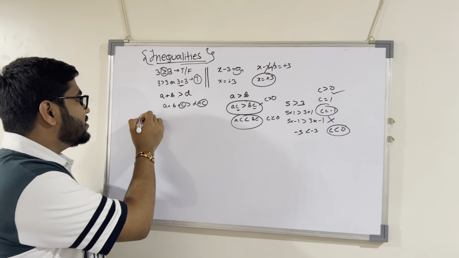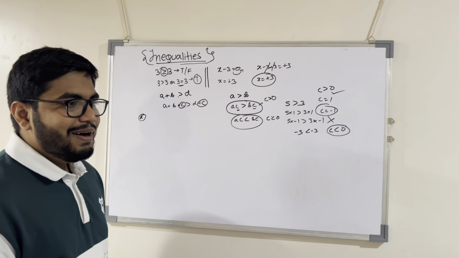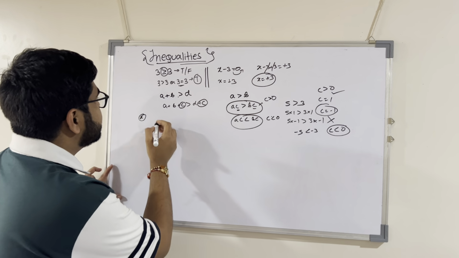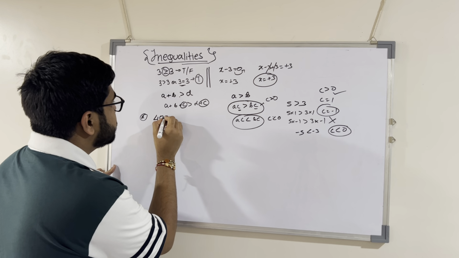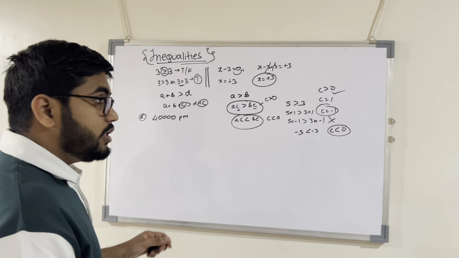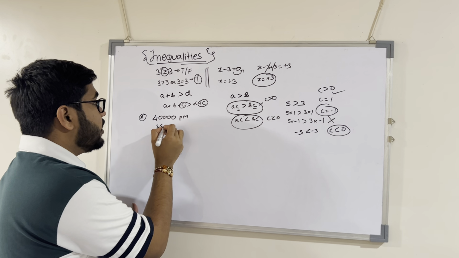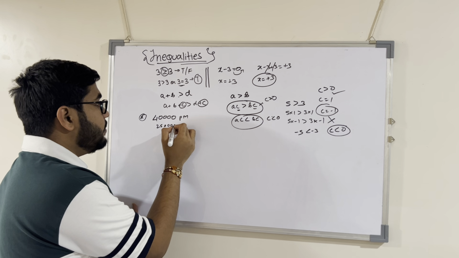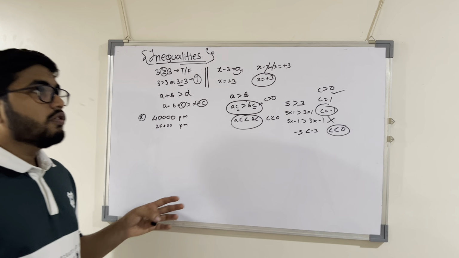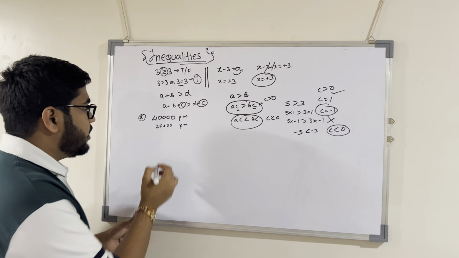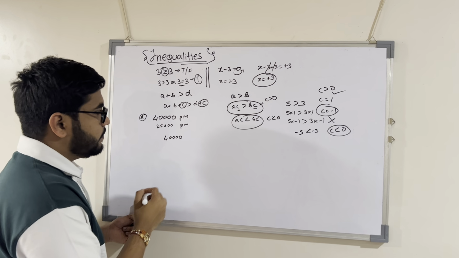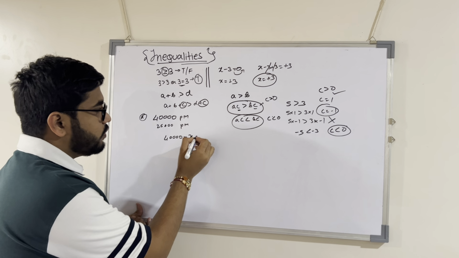Now suppose I take my scenario: I struggle with savings. Suppose my salary is 40,000 per month, and I have to save a minimum of 25,000 per month. By minimum I mean I have to save at least 25,000 per month. So how will I write this as an equation? I have 40,000 minus x, if x is how much I spend.